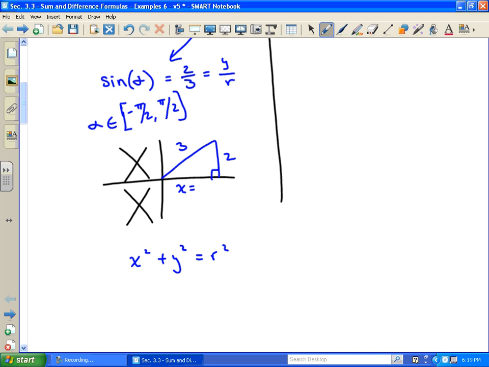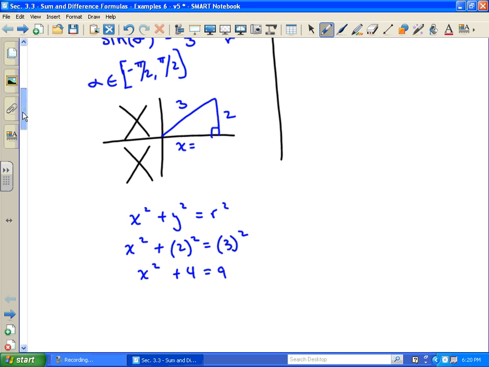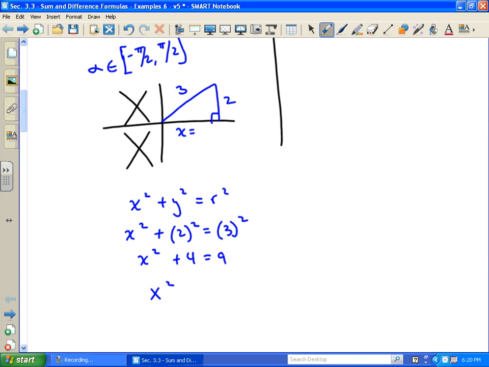So let's do that. We have x squared plus 2 squared equals 3 squared. If I solve that, I get x equals plus or minus square root of 5. Because I'm in quadrant 1, it would be positive square root of 5.